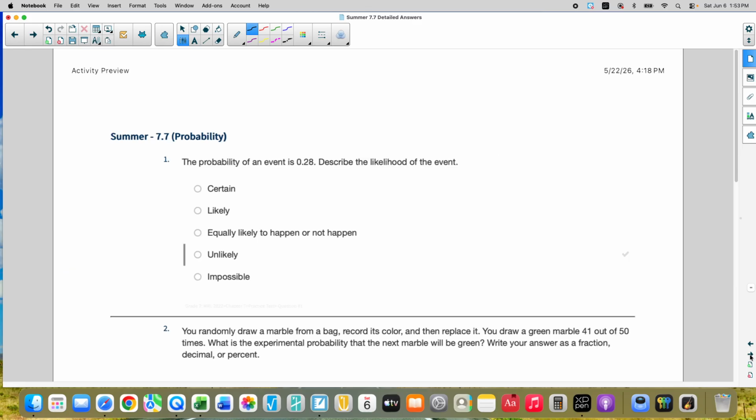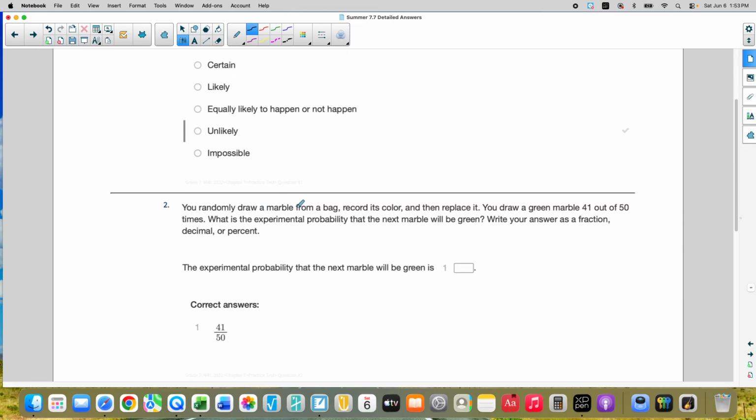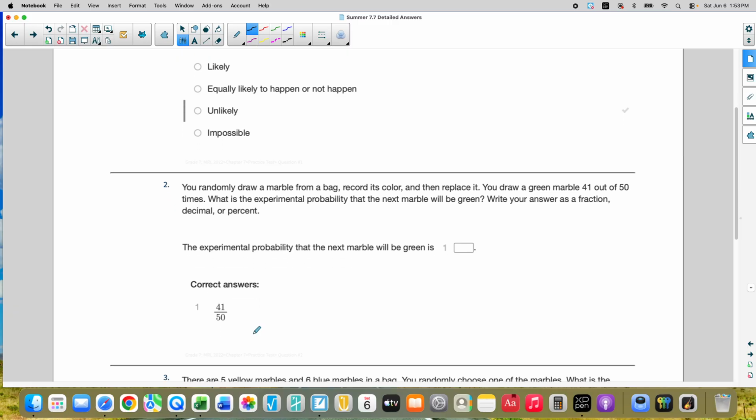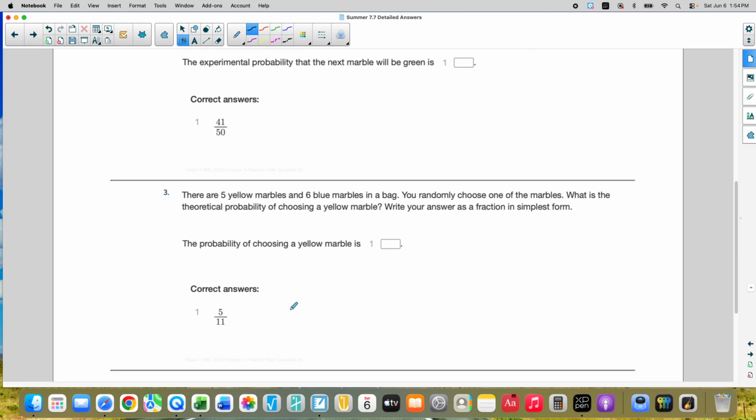All right, these are the answers. The probability of event, yep, unlikely. Randomly draw a marble, 41 out of 50. Yep, they gave a fraction. I would have liked to have seen, if you say you can write it as a fraction, decimal, or percent, I'd like to see those answers. 82% or 0.82. 5 yellow marbles out of 11 total marbles.